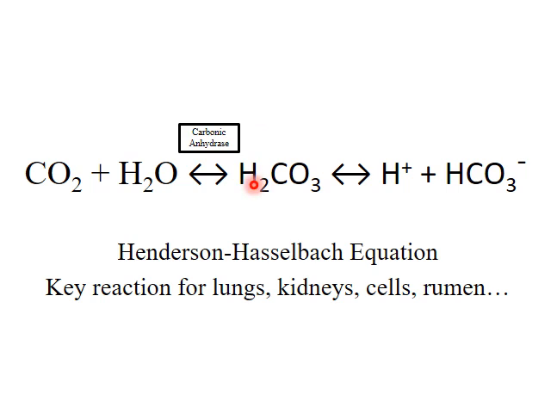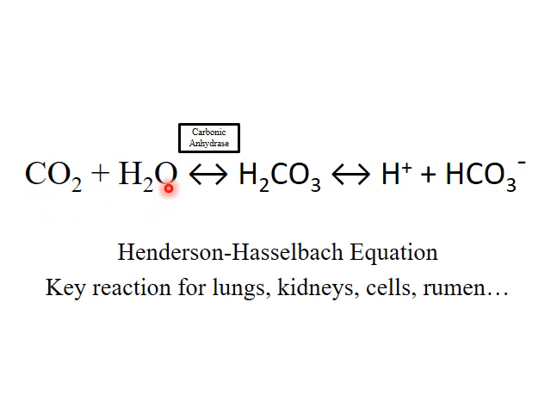So we've got the Henderson-Hasselbalch equation. We have the ability of carbon dioxide and water generated in the body from metabolism, more or less ubiquitous in the body. We have a carbonic anhydrase that's going to create our carbonic acid here, which will very quickly dissociate into our acid and our bicarbonate unit over here. So this reaction occurs everywhere in the body.